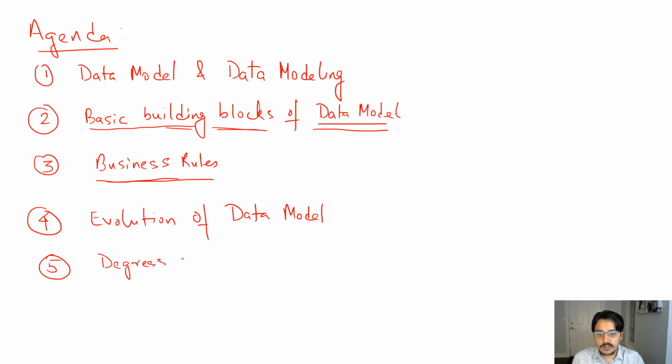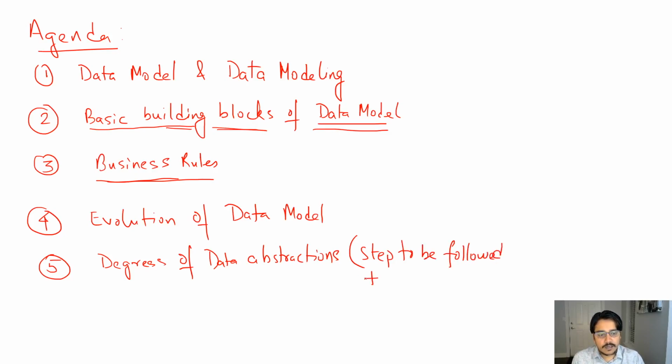Okay. And then finally, we will talk about a topic which is known as degrees of data abstraction. Okay. But in simpler terms, these are basically the steps that need to be followed to design and implement your database.